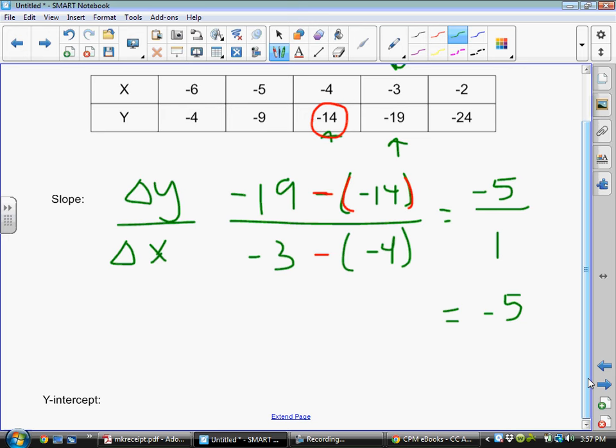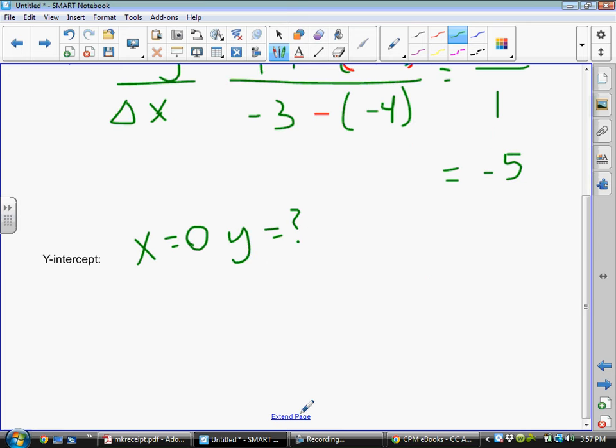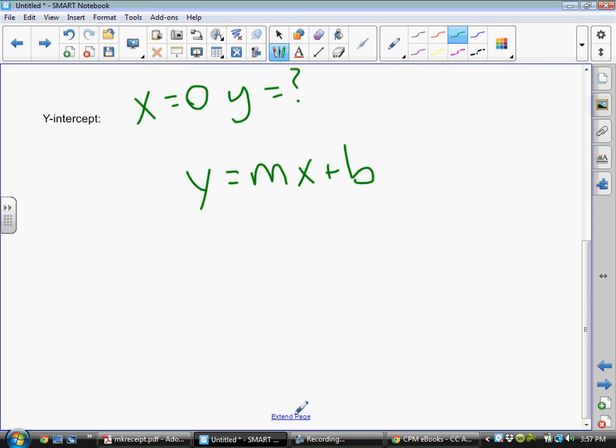Now I want to find the y-intercept. There's no y-intercept in the table, remember that's the y value when x equals 0. And that's not in my table, so I'm going to have to do a different approach. We know our general equation for a line is y equals mx plus b, m meaning the slope, and b is the y-intercept.